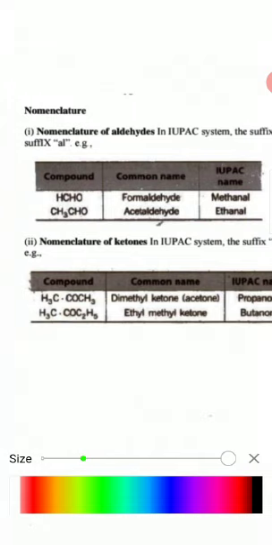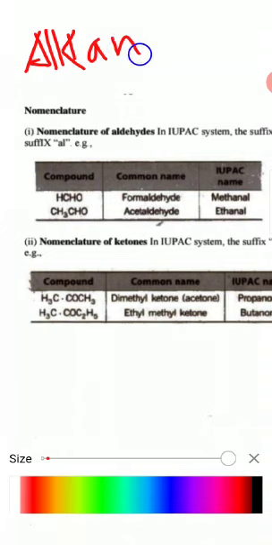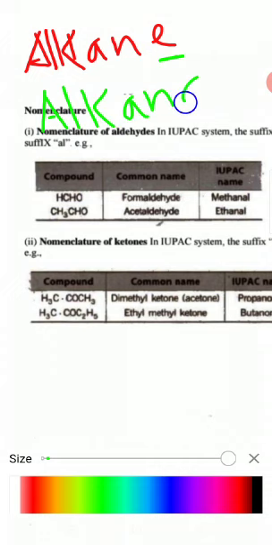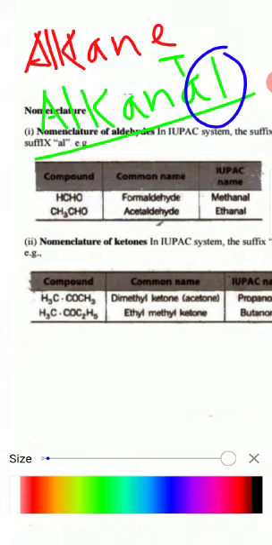See carefully, in the IUPAC naming system of aldehydes, the E of alkane is replaced by Al and becomes alkanal. In aldehydes, the suffix E is replaced by Al and becomes alkanal.